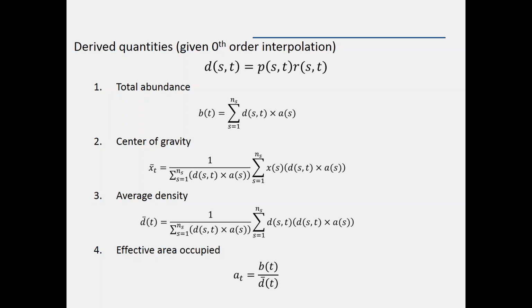You can also calculate average density as the weighted average of density. So this is essentially a measure of intraspecific competition, the average biomass around every individual. And then you can calculate effective area occupied as just the biomass divided by average density.